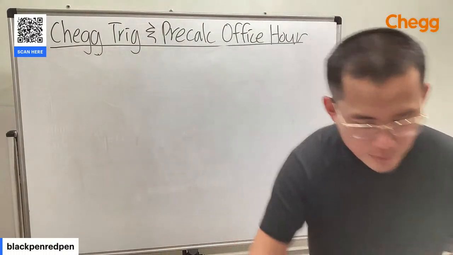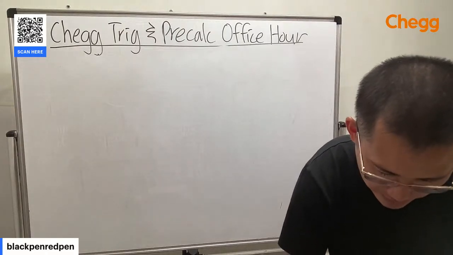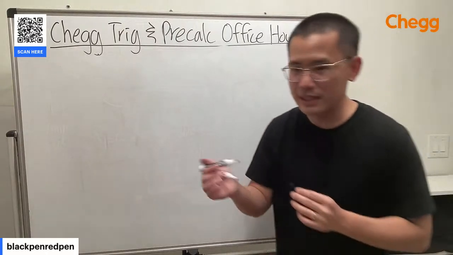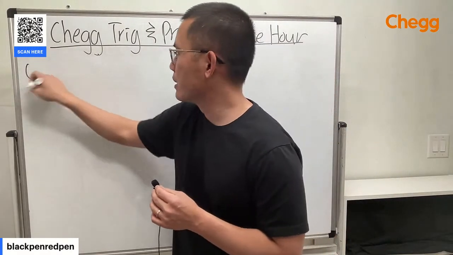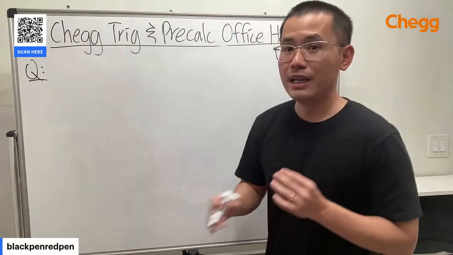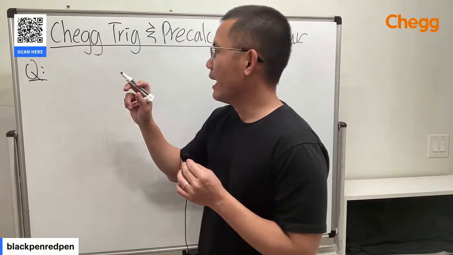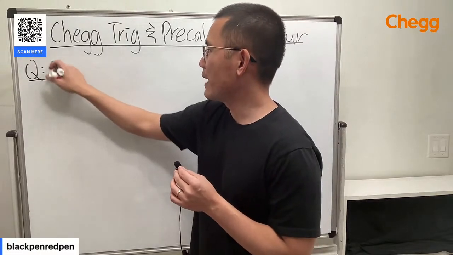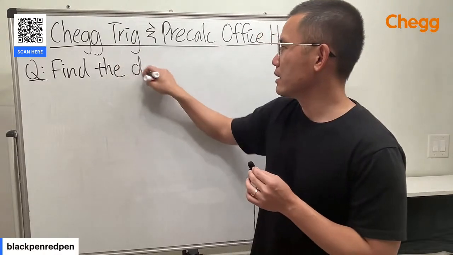So right here, I'm going to put down another question on the board for you guys to try. I think this right here is pretty fun. So my second question for you guys, let me write it down right here. It's not a multiple choice question anymore. Try to figure this out. I'm going to ask you guys to find the domain.